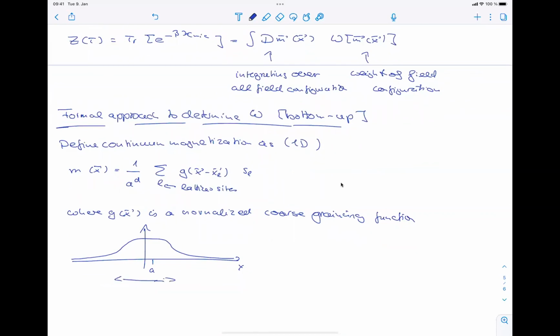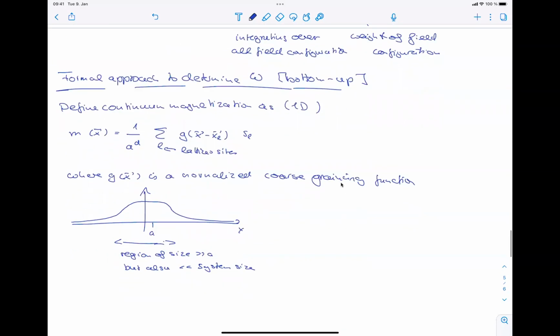So this is a region of size much bigger than a, but also much smaller than the system size. Otherwise, we don't do statistical physics anymore. And if you do this, then we arrive at a magnetization that is a smooth function of x. That also means that our magnetization takes on values in between -1 and +1, right?